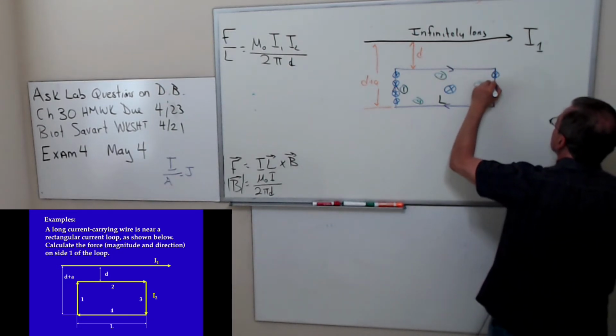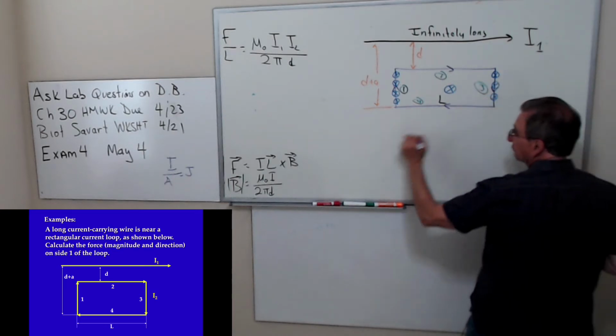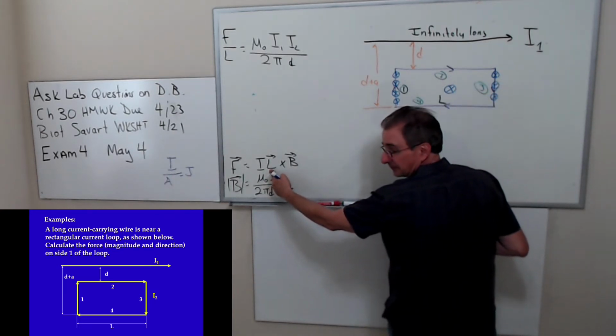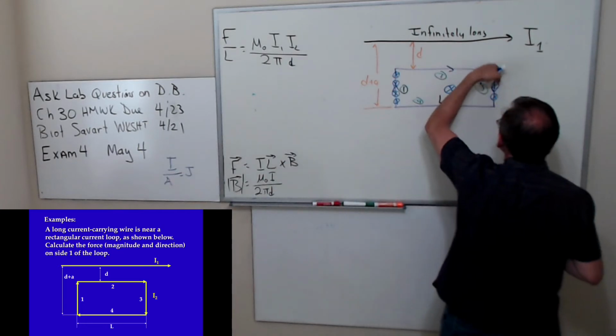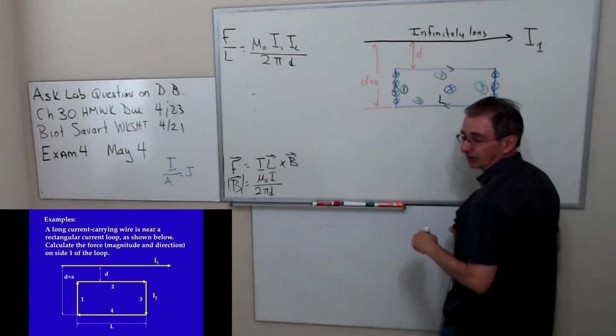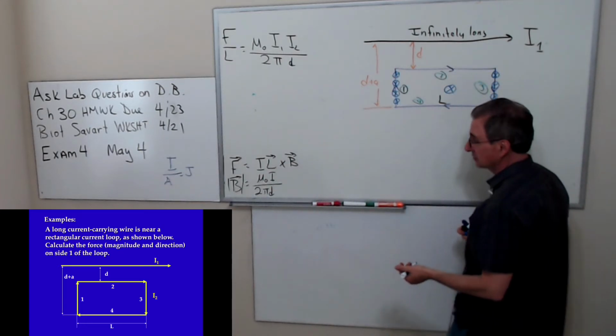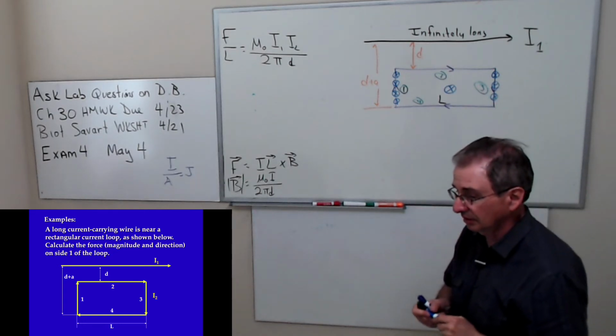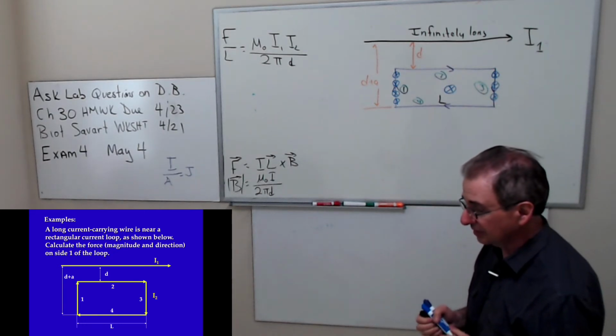No, it's going into the board too. What's different is this direction is different. One's up, the other one's down, right? They're 180 degrees out. And so that's going to cause the cancellation. Does that make sense?